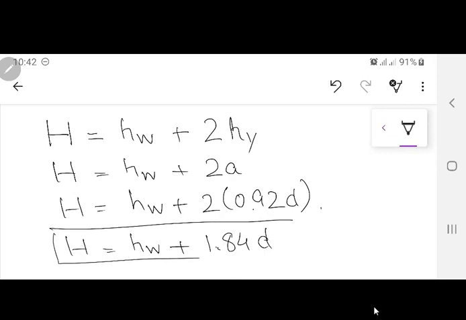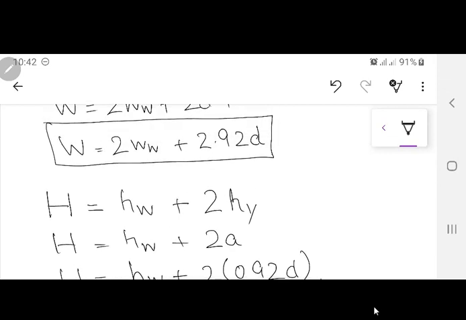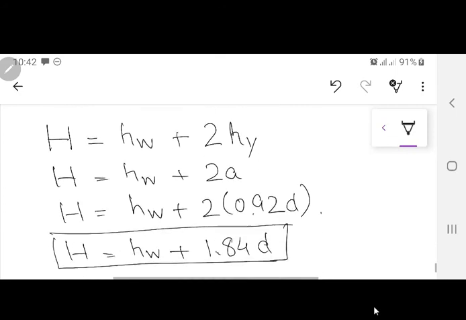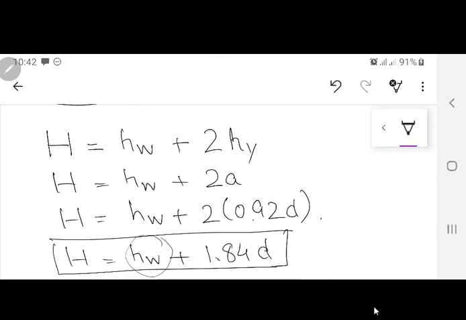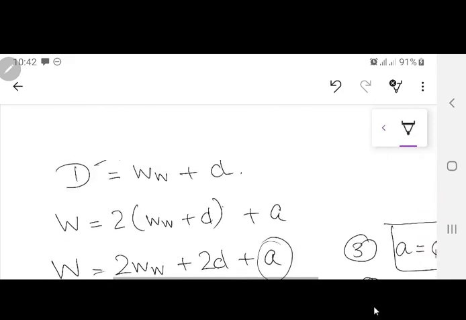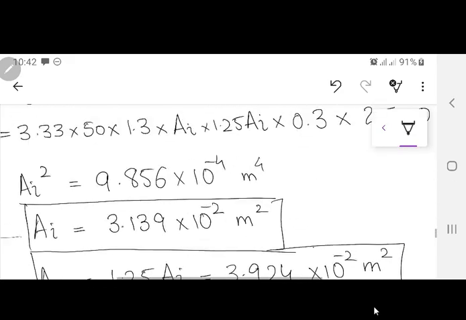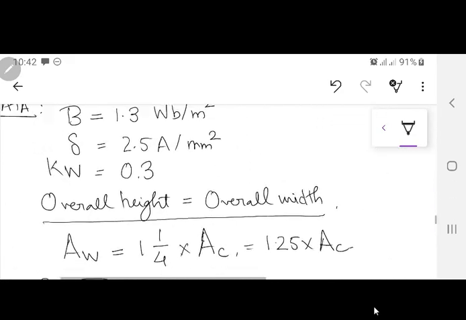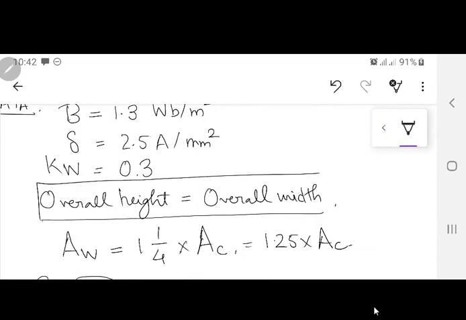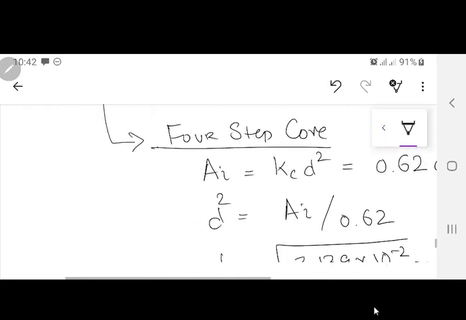I have the height and the width of the frame, but I don't know what is the window width and I don't know what is the height of the window. G, tell me. If you go back on the screen on the data that was given, overall height of the transformer is the same as the overall width of the transformer, which means that I have just found out the two relations.